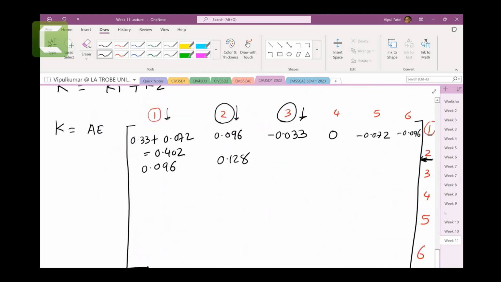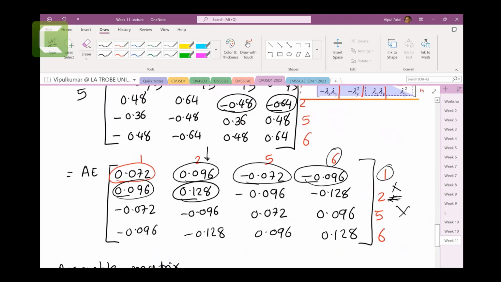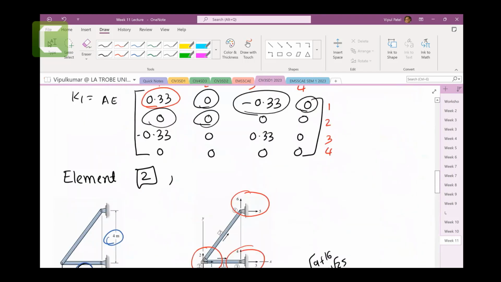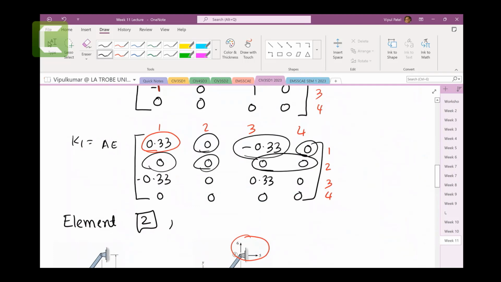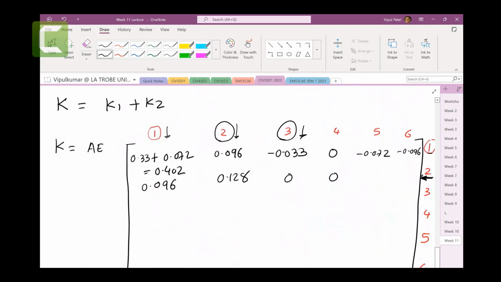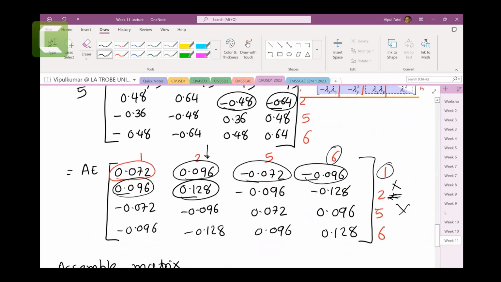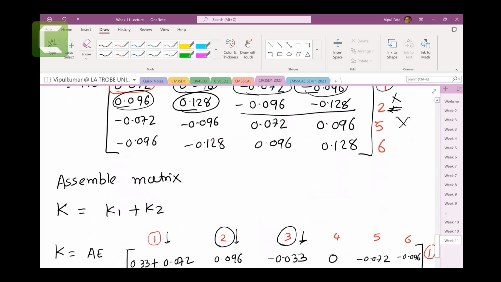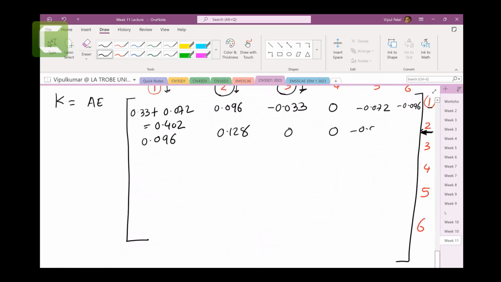Column 3, row 2: there is nothing here, and this one is 0. Columns 3 and 4 are 0. Columns 5 and 6, row 2: these are here, minus 0.096, and you have minus 0.128.